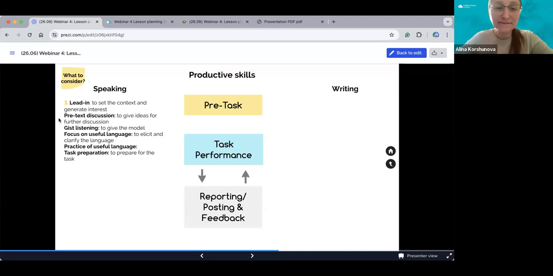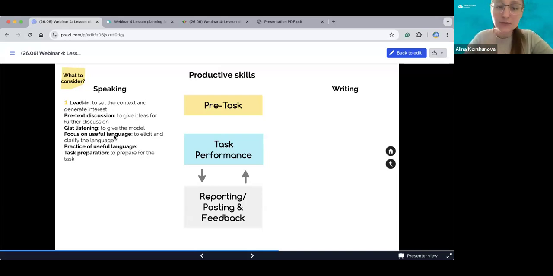In that model, the speakers would use some useful language that our students could also use in their speaking. That's not the main focus of our lesson. We want our students to practice speaking, but it's just a sub-aim, so we would give them some useful language they might need for their output.